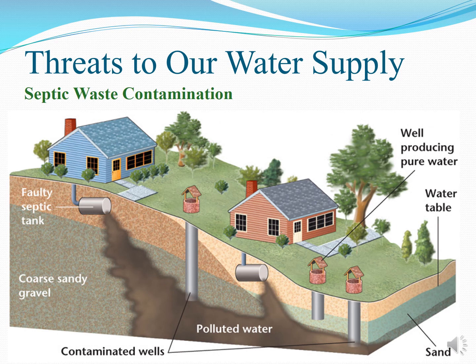We also can have septic waste contamination. Now, many people have a septic tank at their house. A septic tank is where you use a bathroom, and there's a big cube under your house that catches all your poop and pee, throw up, and everything else you flush down the toilet. So when people wonder where it goes when it goes down the toilet, that's where it goes, right there.